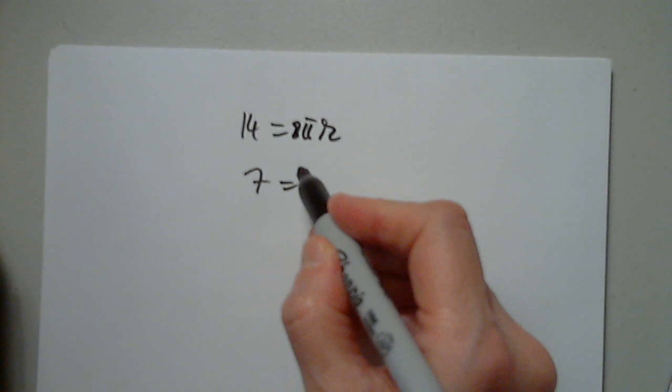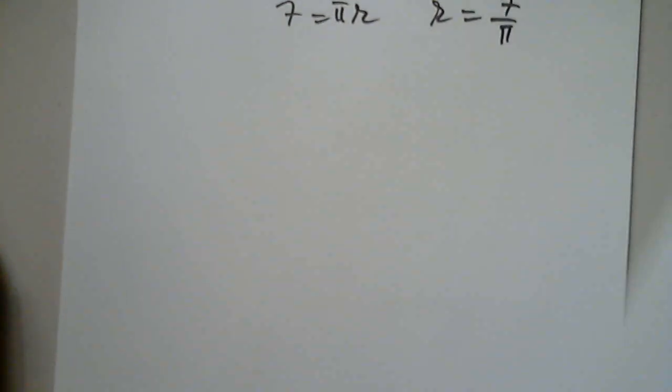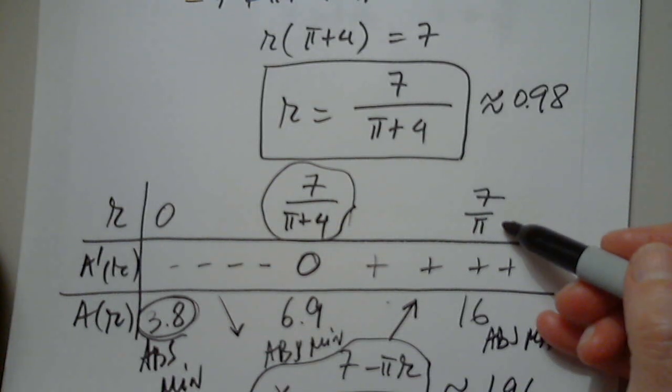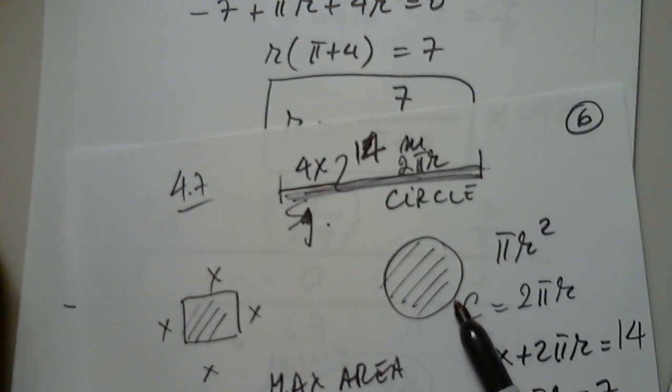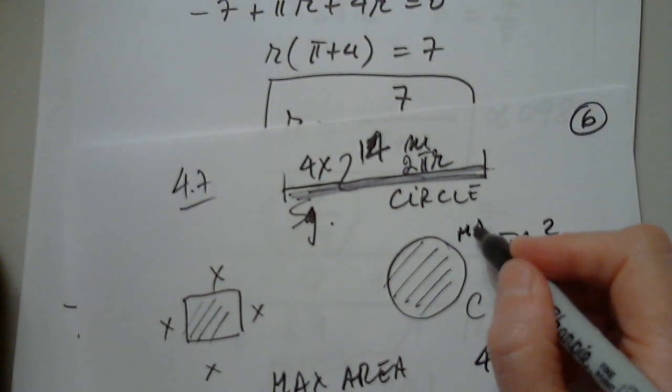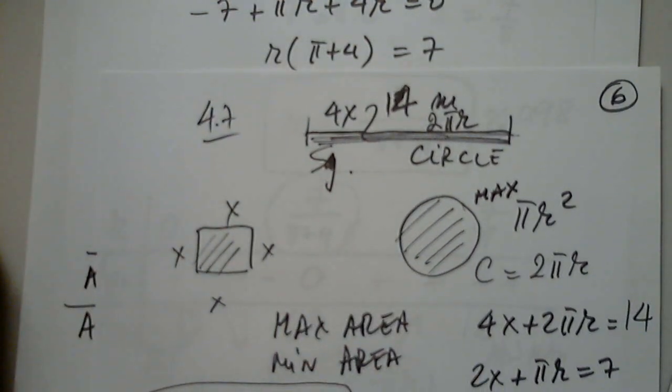This is 7 equals pi r, which means r is 7 over pi. Exactly what I wrote here. Which means the entire 14 meters are bent into the circle. And that's the maximum area, which means X must be 0.